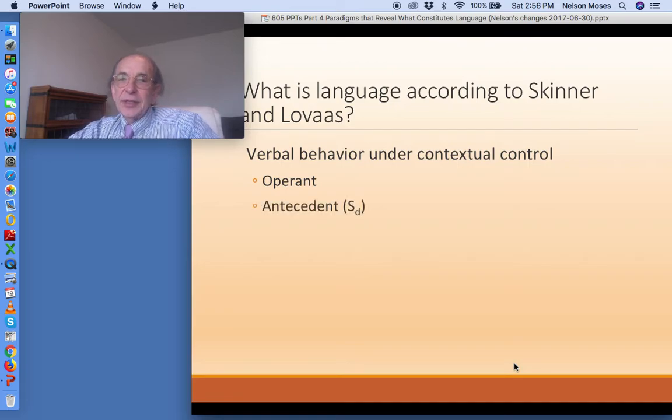And it's embedded in a context in which there's antecedents, things that occur before we speak, such as someone asking us something or commenting, or there's an object out there that grabs our attention, the antecedent.